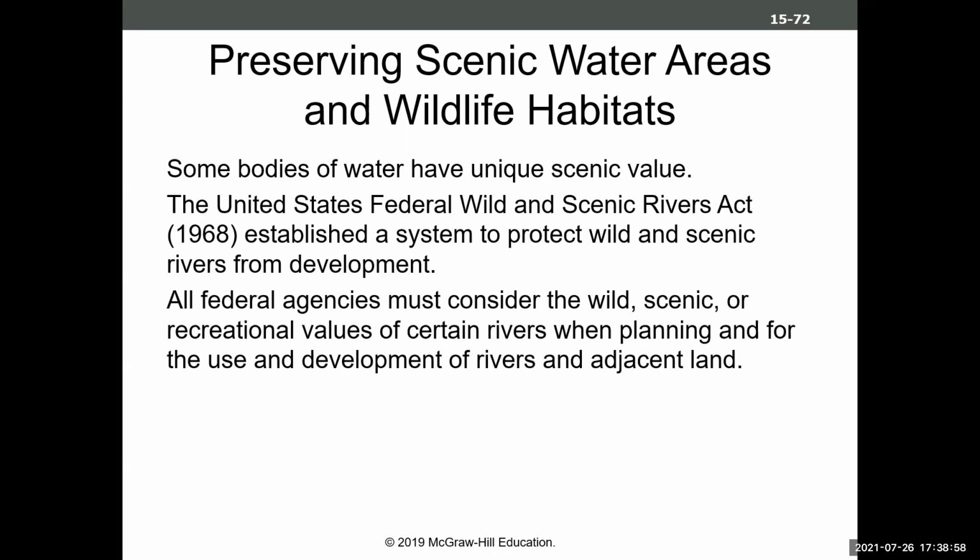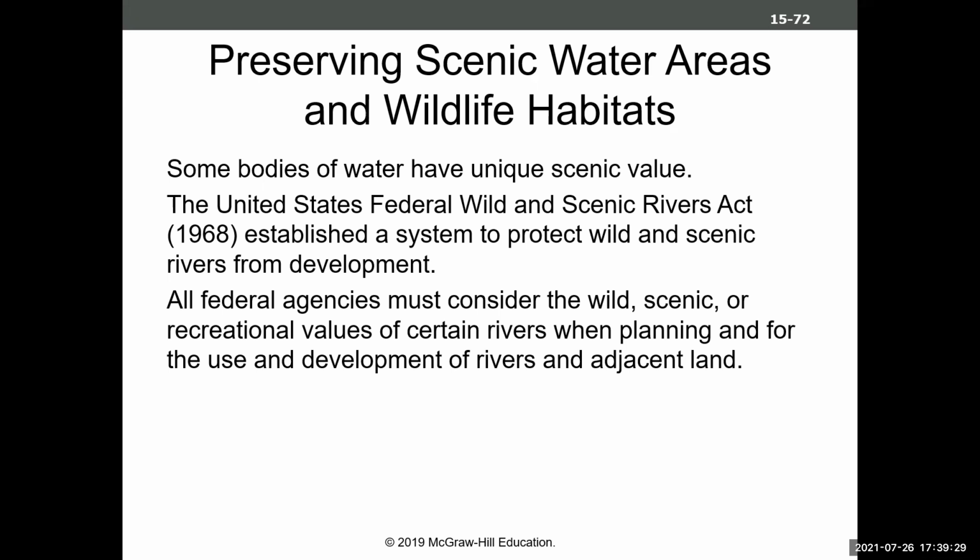Some bodies of water may not be, say, used for drinking or for a potable resource, but they can be used for, say, scenic value. So, for example, the United States Federal Wild and Scenic Rivers Act established a system to protect wild and scenic rivers from development. The Merced River has a portion of that river that is a wild and scenic area.